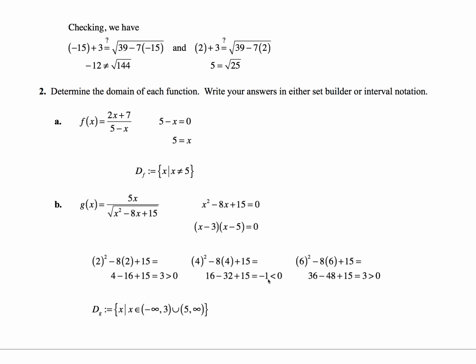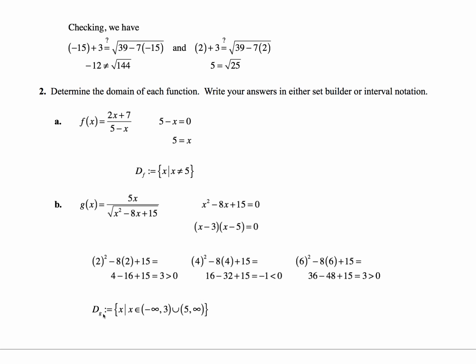Well, negative 1 is less than 0. We can't have anything in this radicand that gives us a negative value or 0. And so the interval between 3 and 5 is not part of the domain.